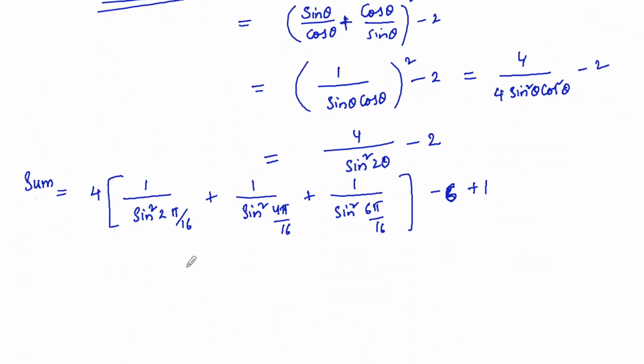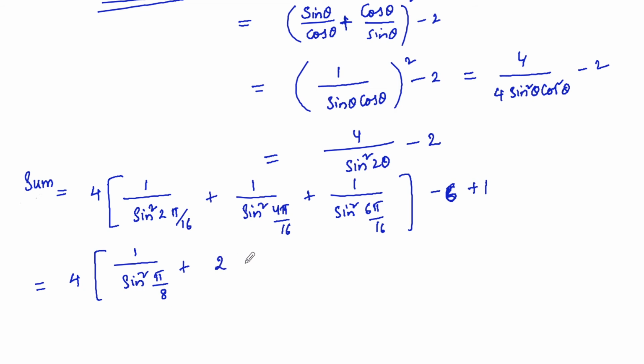So which equals 4 times 1 upon sine square pi by 8, and this is 2 pi by 16, which is pi by 8, and 4 pi by 16 is pi by 4. So we can separate this. Sine pi by 4 is 1 by root 2, so its square is 1 by 2, which comes like 2.